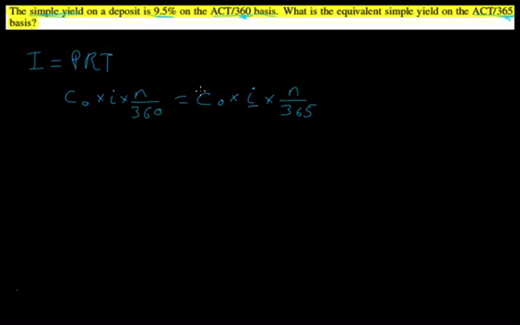So we could just cancel out already the two C0s because the principal amount, we just divide them by themselves. And to get this I by itself, because we know over here that this one is 0.095 or 9.5%, all we have to do is bring this bit over here to the other side. So let's multiply both sides by 365.